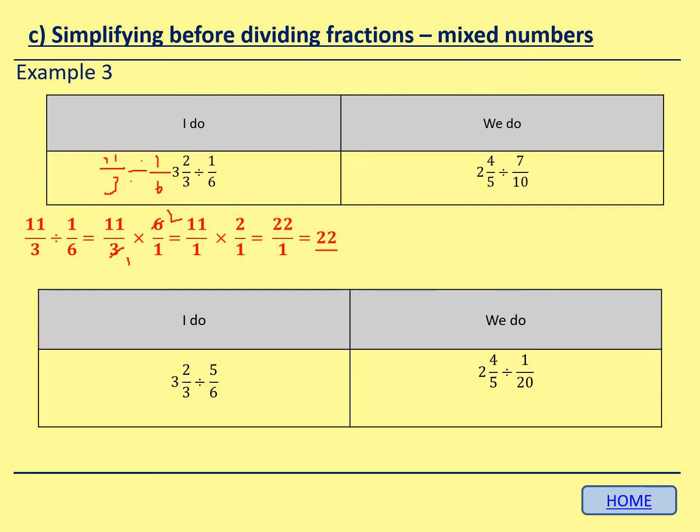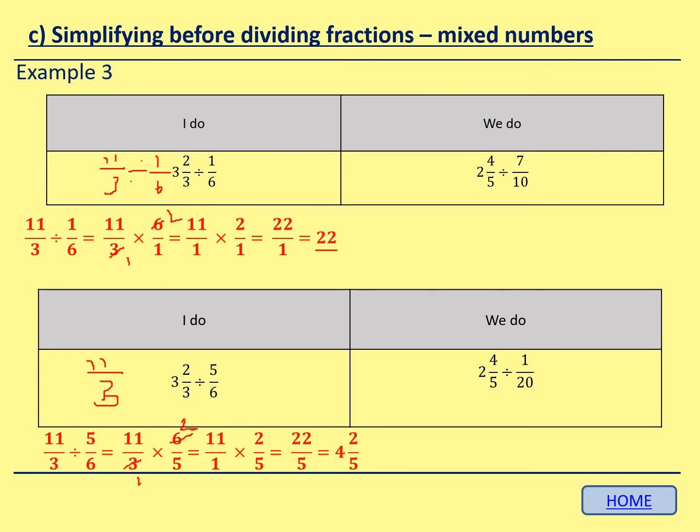On this one, we want to change this to an improper fraction. 3 threes is 9 and 2 is 11, so that becomes 11 over 3. Okay, so we've got 11 over 3 divided by 5 over 6. Keep the first, flip the second. 3 ones is 3, 3 twos are 6.